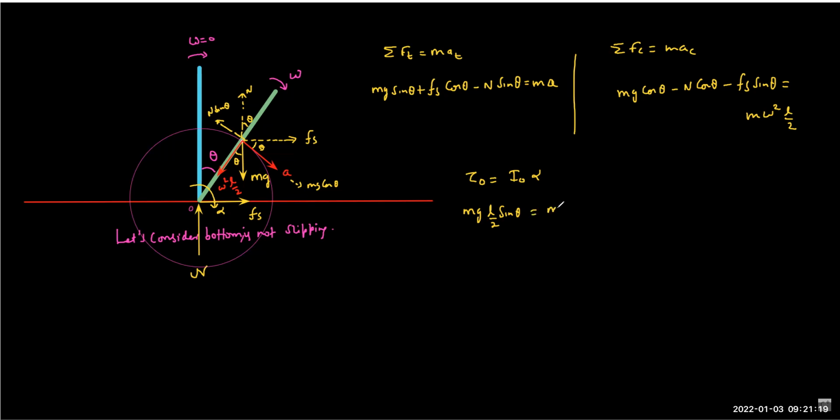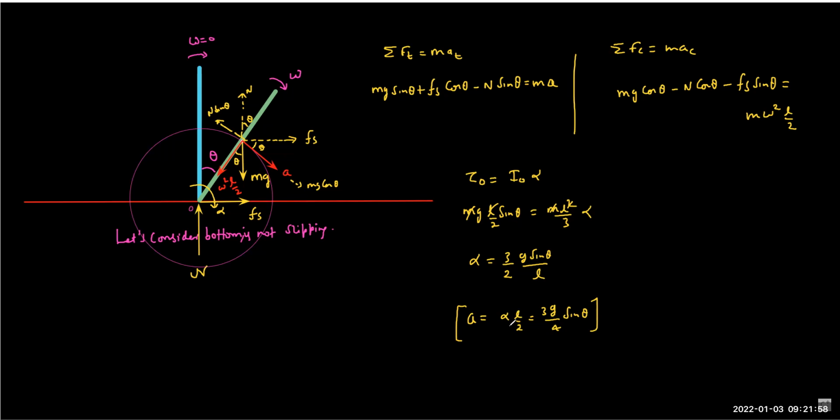And I about O is ml square by 3 into alpha. This part is simple, this part we know. Alpha was 3 by 2 g sin theta by L. And because we know alpha, we know a in a way, which is 3g by 4 sin theta.